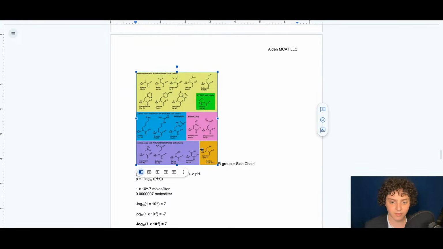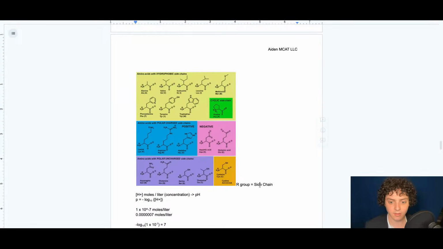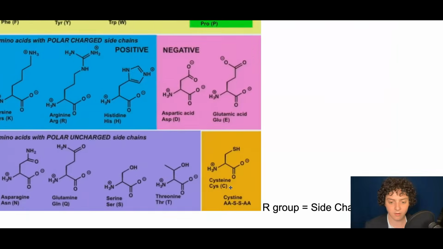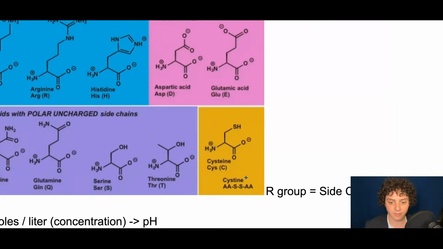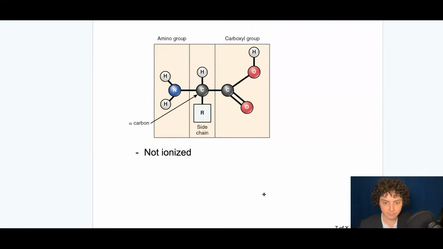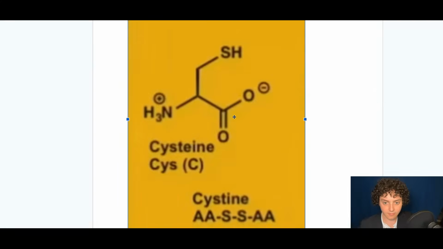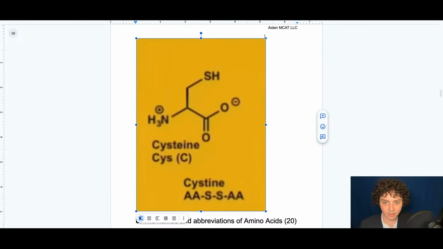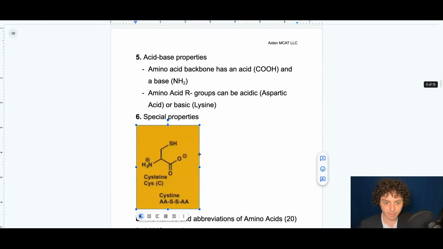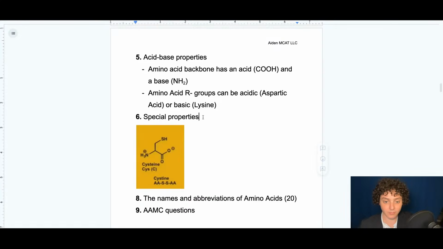The first one I want to mention is the R group on this amino acid, which is cysteine. So I'm going to screenshot that and paste that as the first subpoint in my topic number 6, special properties.